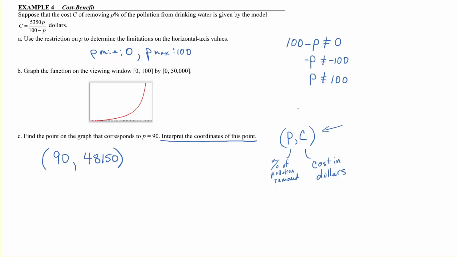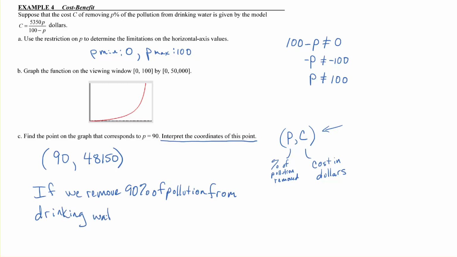So what we say is something about P and something about C. So if we remove 90% of pollution from drinking water, then the cost is $48,150.